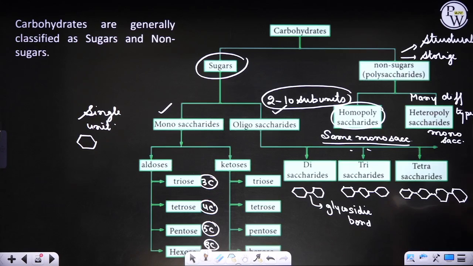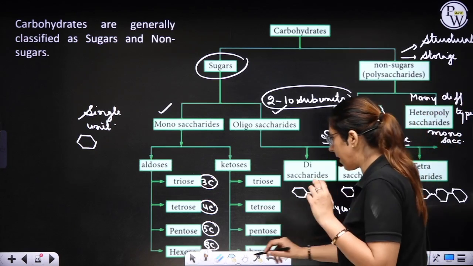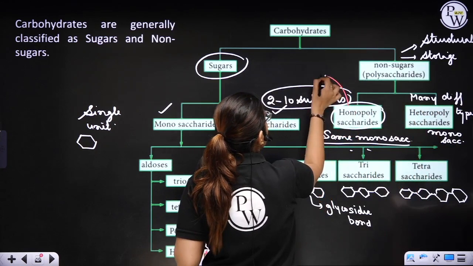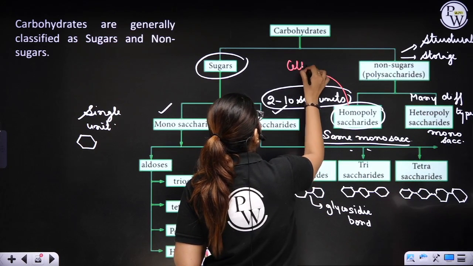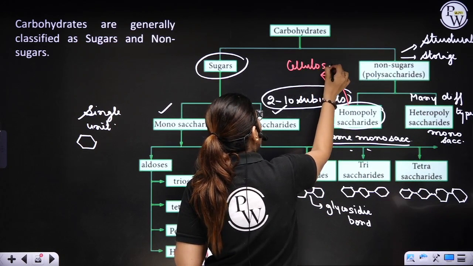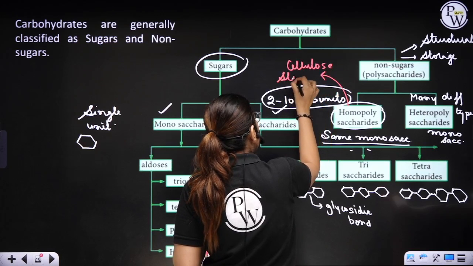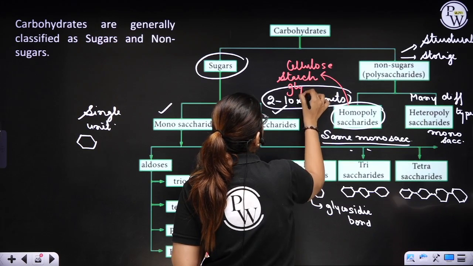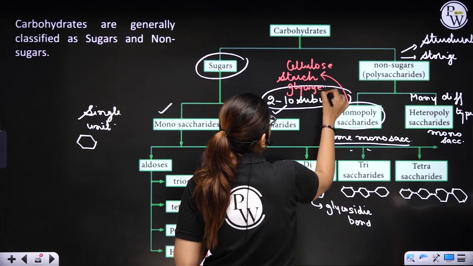Now, let's talk about the homopolysaccharides. Here I am writing the examples: we have cellulose, we have starch, we have glycogen. Right?